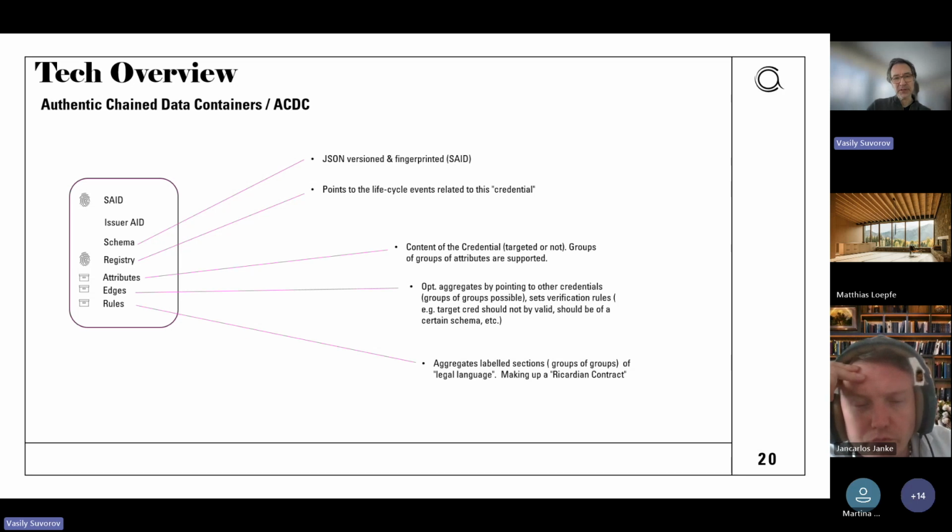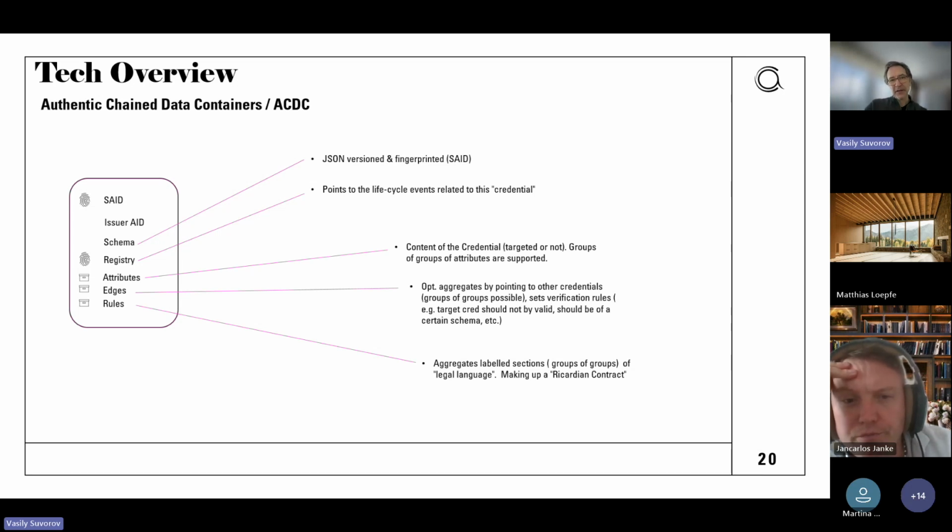Attributes is basically the actual content of the credential. The registry is the concept of verifiable data registry, like we have in W3C credentials. Remember, we always point to some sort of registry to verify, okay, how do you know this has actually been issued? The schema talks about exactly what type of credential that is, and then issuer ID and SAID are self-explanatory, I guess.